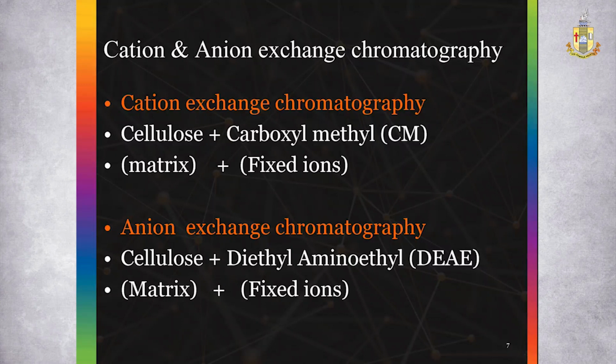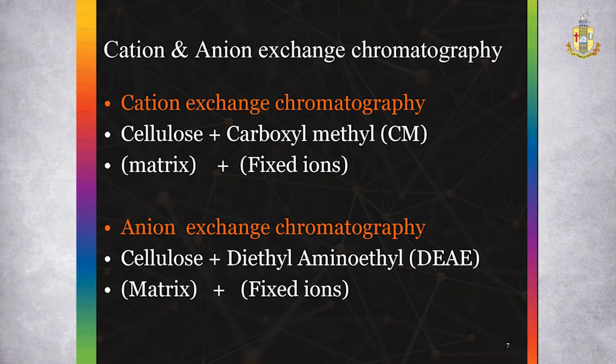In ion exchange chromatography, the stationary phase consists of a column matrix and fixed ions. The fixed ions play an important role. Due to the fixed ions, we classify it into 2 types: cation exchange chromatography and anion exchange chromatography. Cation exchange chromatography is used to separate positive ions.